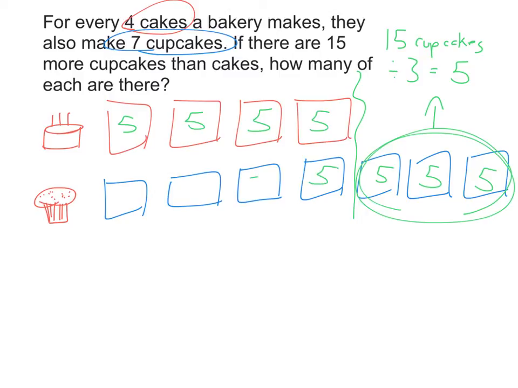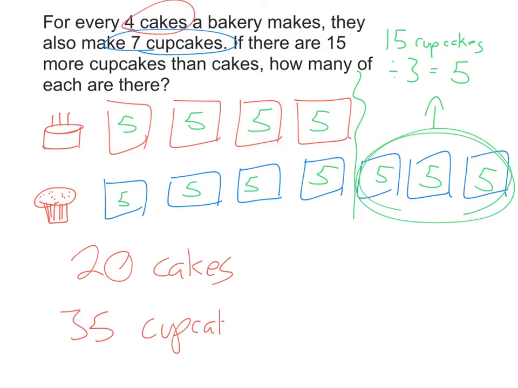That's how a tape diagram works. And then we would know that there are 20 cakes, and we know that there are 35 cupcakes. Alright, hope that helps.